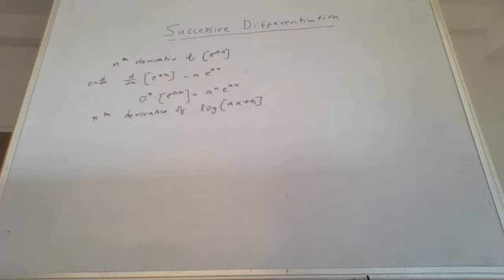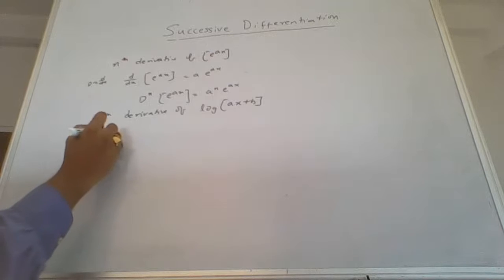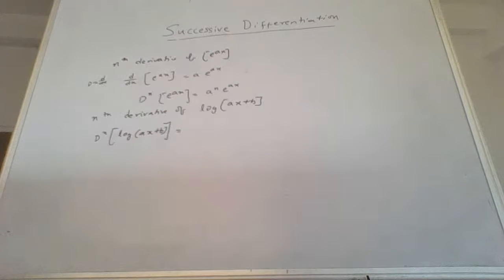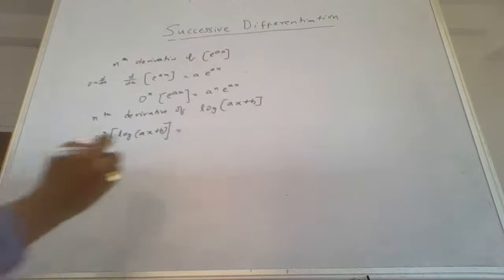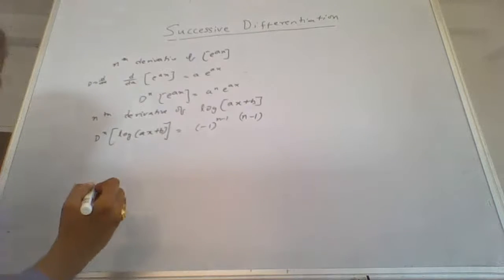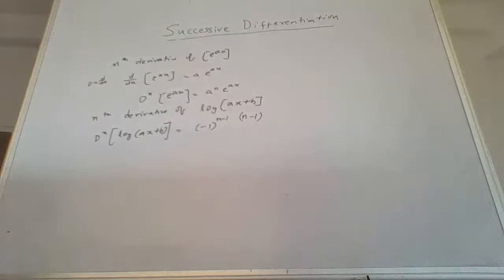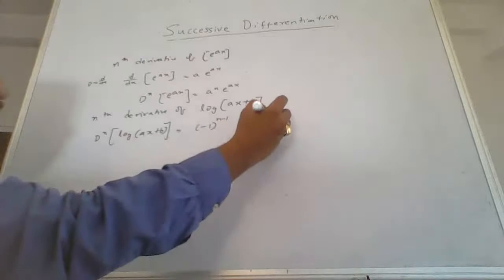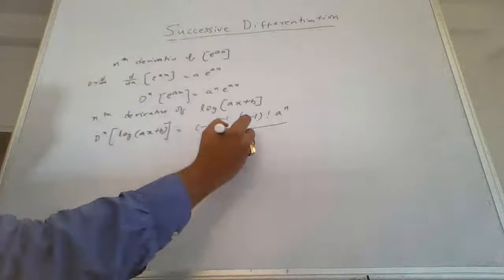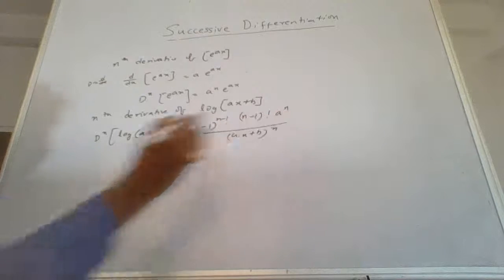The formula corresponding to that would be minus 1 to the power of n minus 1, into n minus 1 factorial, into a to the power of n, divided by ax plus b to the power of n.